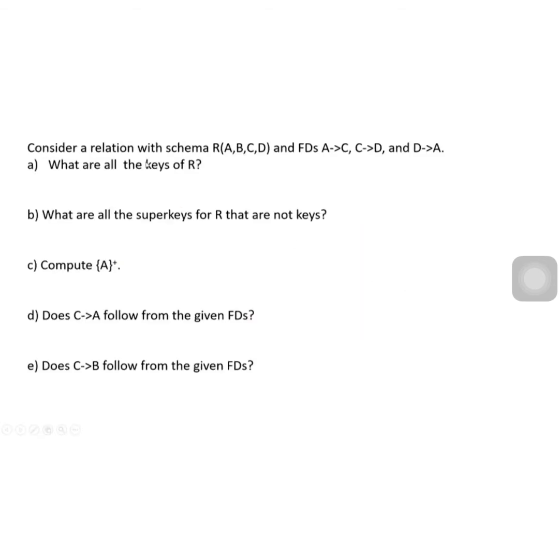For the last question, consider the relation with schema R(A, B, C, D) and FDs: A functionally determines C, C functionally determines D, and D functionally determines A. What are all the keys of R?